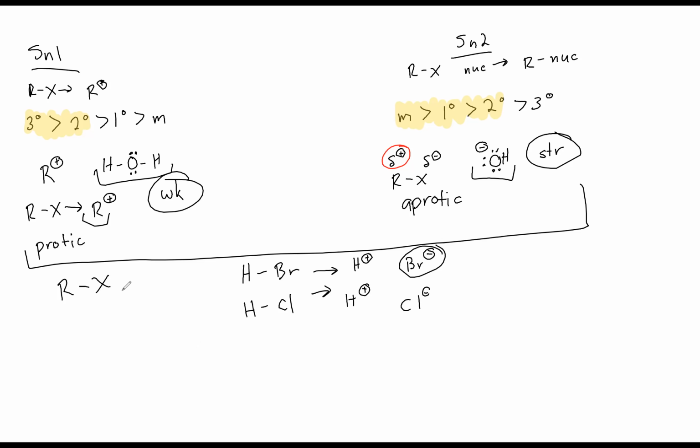So the bigger our leaving group, the better it is. For example, iodine is the best leaving group and fluorine is the worst. So iodine is the best, followed by bromine, followed by chlorine, and finally fluorine. The bigger our leaving group, the faster our reaction will go, and this is both for Sn1 and for Sn2.